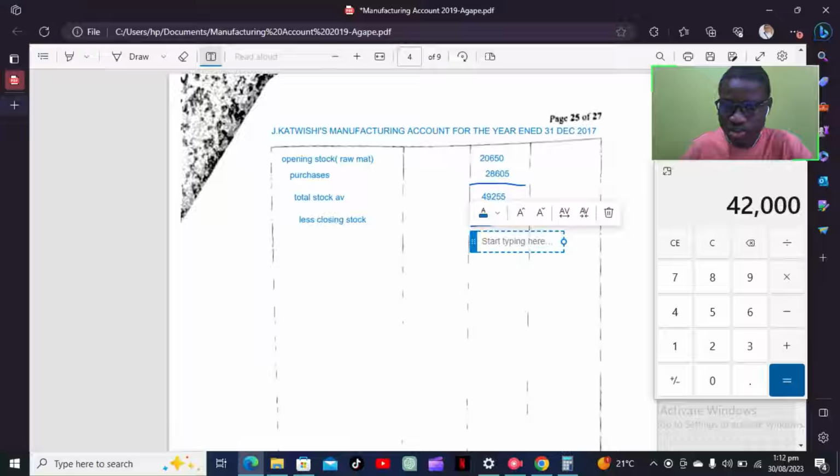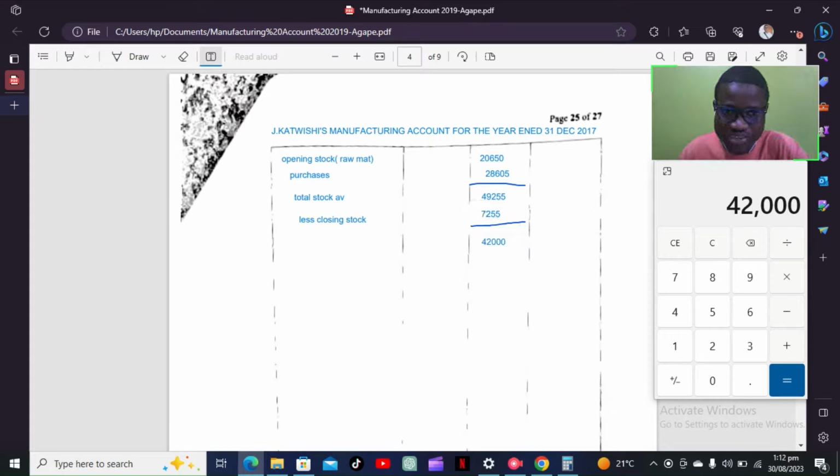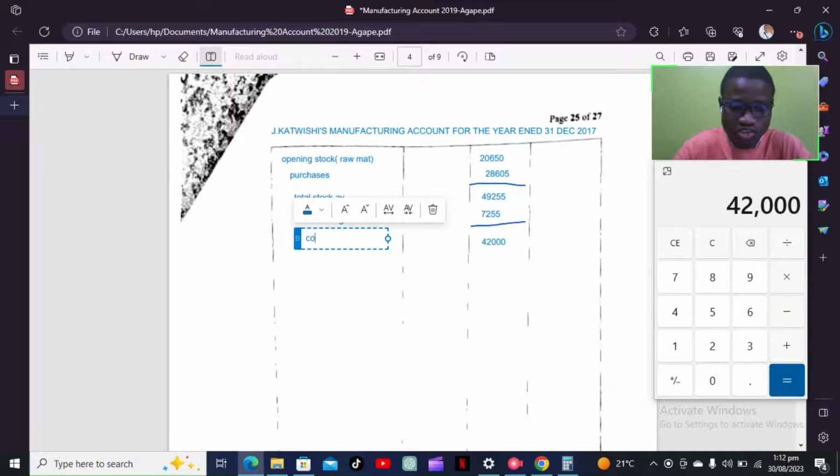What did we get? We said we got 42,000. This we all know is our cost. Now here there are certain terms. We don't say cost of sales or cost of goods sold. No, we say cost of raw materials consumed, because we use them, so they are consumed.